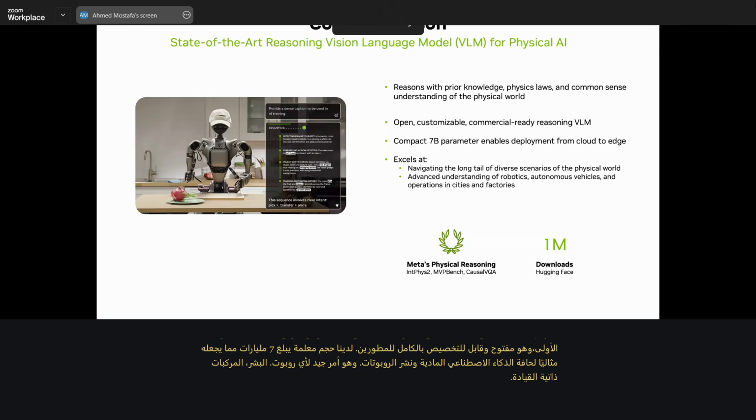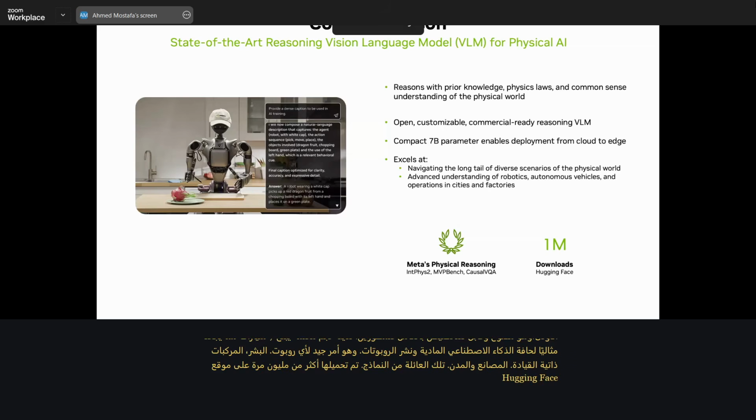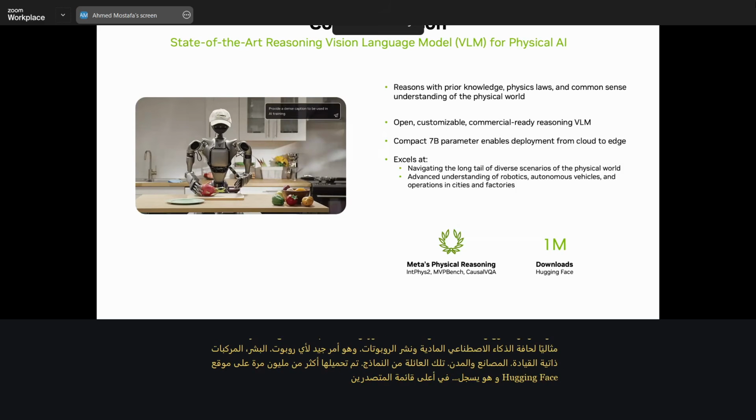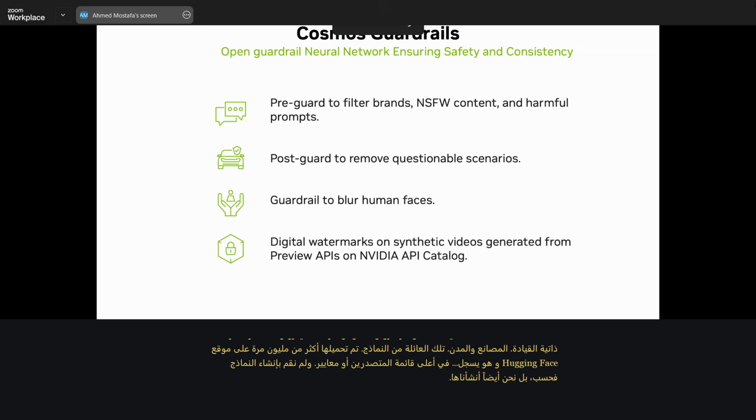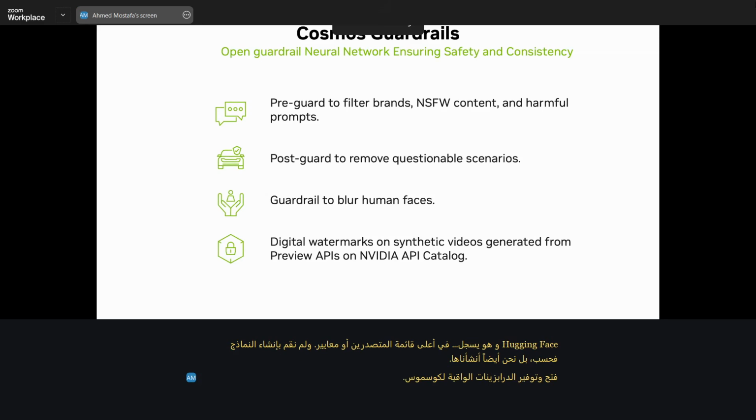This family of models is now being downloaded more than 1 million times on Hugging Face, and it's scoring at the top of the leaderboard of benchmarks. And we have created not only the models, but we are also opening and providing Cosmos Guardrails, similar to the NeMo Guardrails for the LLMs, to protect the models.